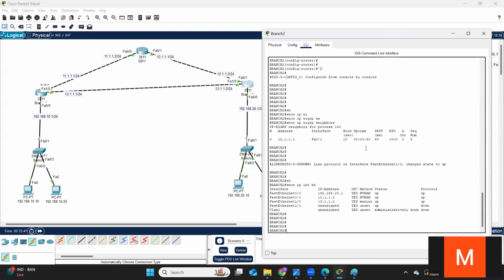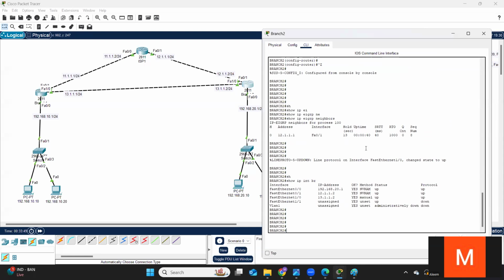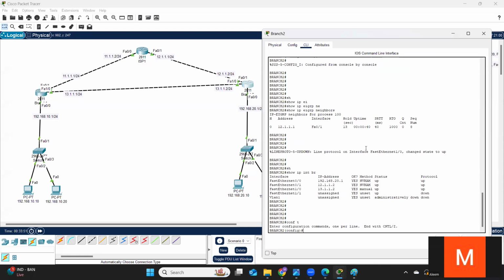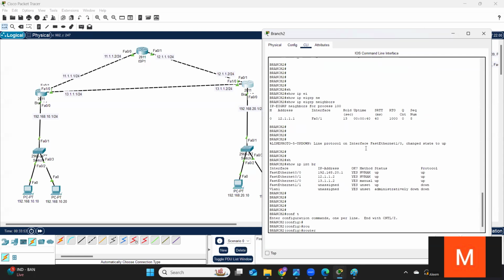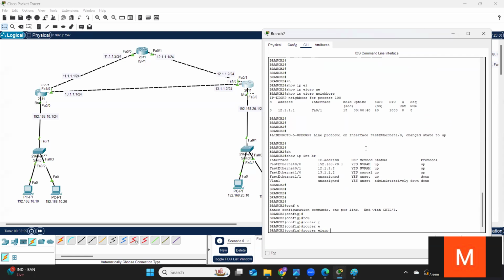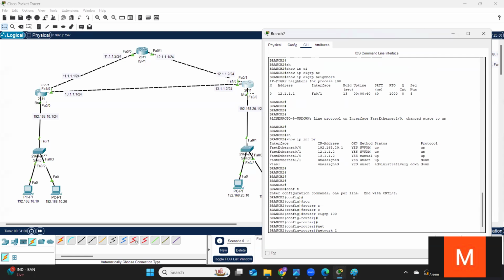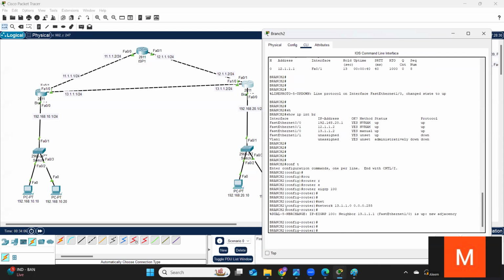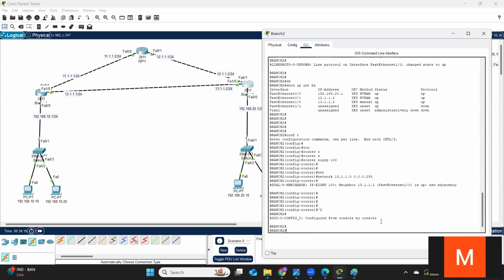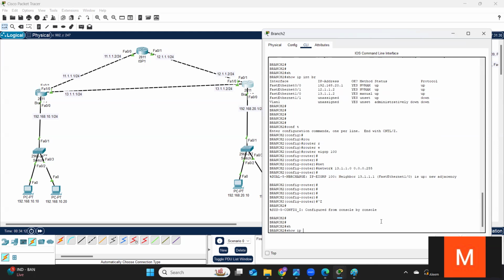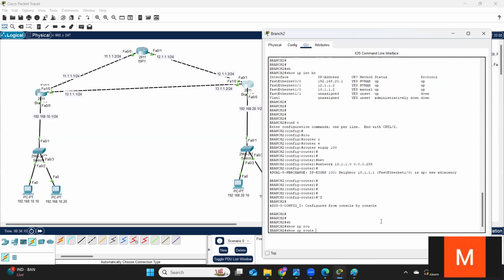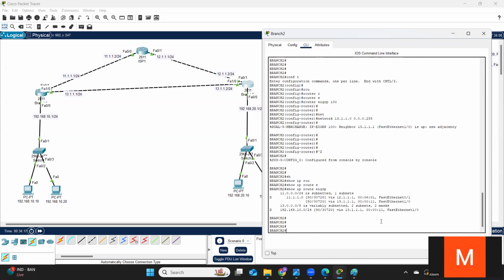Again config t, router eigrp 100, and network 13.1.1.0 with wildcard 0.0.0.255. Just hit enter. The neighborship forms through this. If you want to check, use show ip route eigrp.